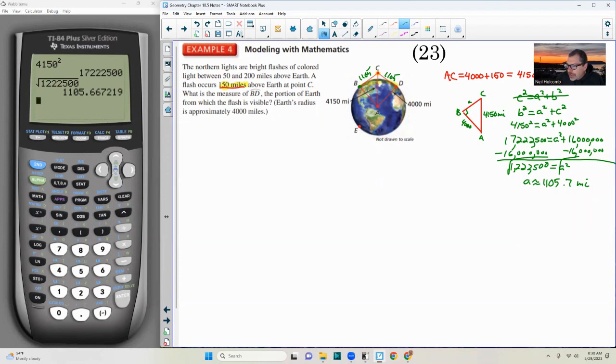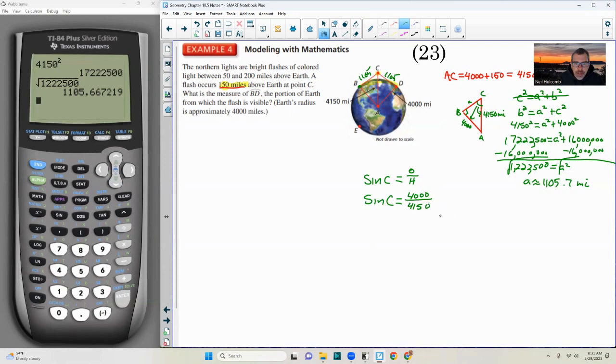So now that I know that those triangles are congruent, corresponding parts are congruent, and I need the measure of angle BCA. So what is the measure of angle BCA? I need this angle measure right here. And so I would say, I know opposite now, I know hypotenuse. So that would be opposite over hypotenuse, which is sine. So the sine of C equals opposite over hypotenuse. The sine of C equals 4,000 over 4,150.